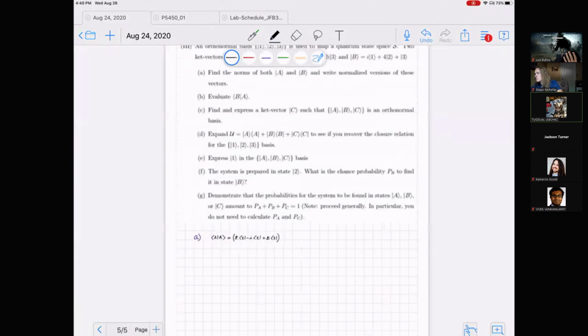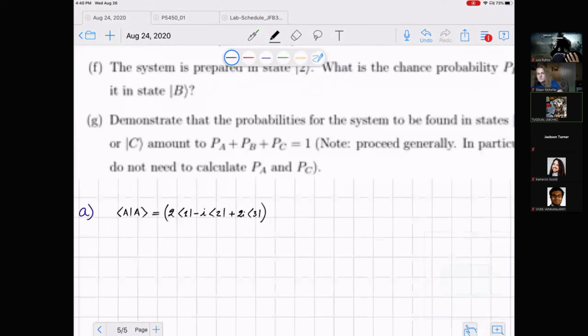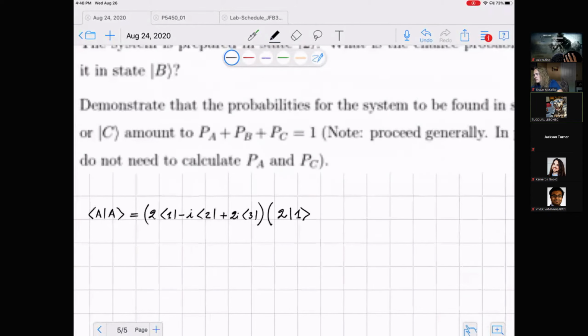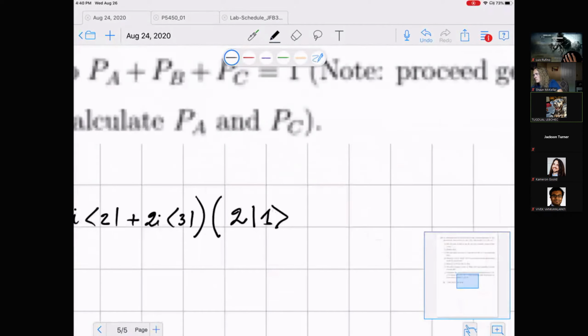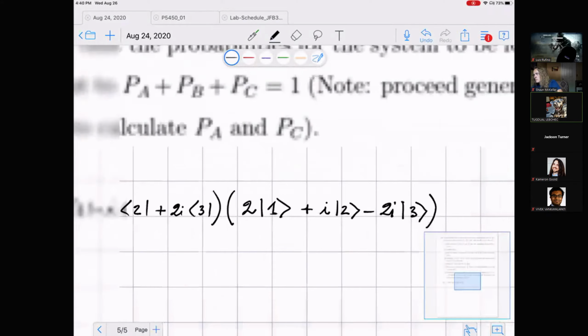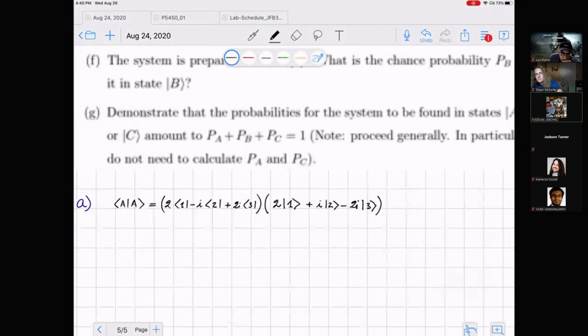Okay, and now that I have written the bra, I can write the ket, which is going to be times 1 plus i times 2 minus 2i times 3. You see the difference with the first person who was offering an answer?